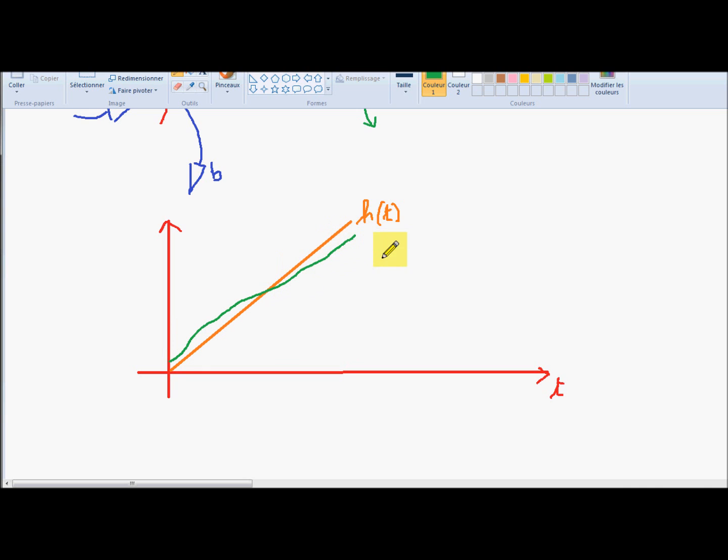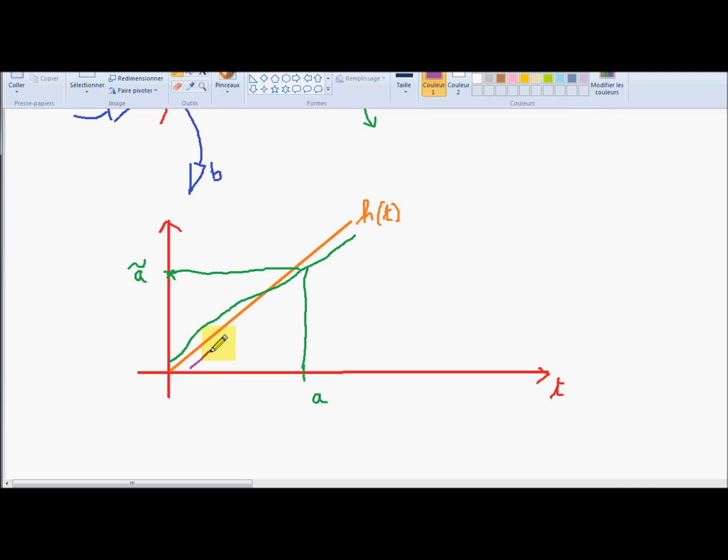So at time A, my clock will give me A tilde, and this is for one robot. For another robot, I will have something like this.